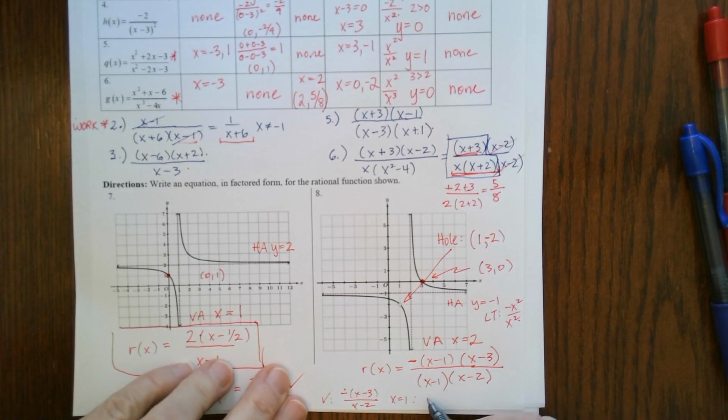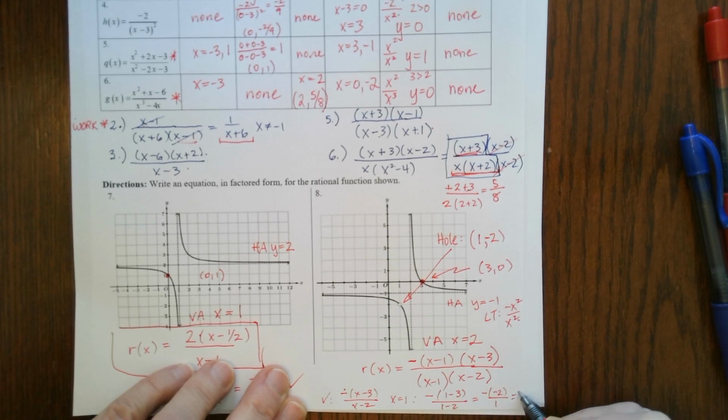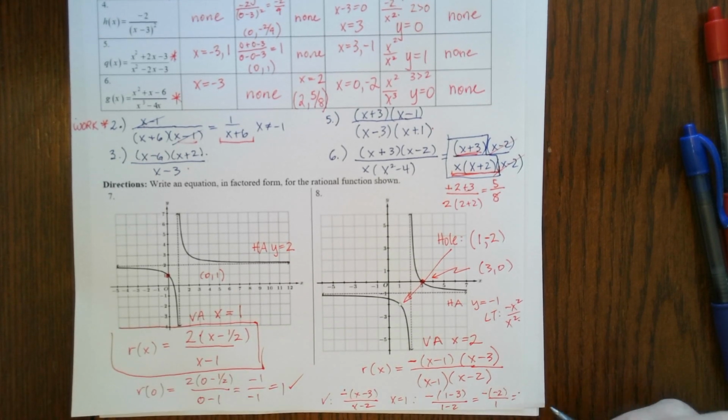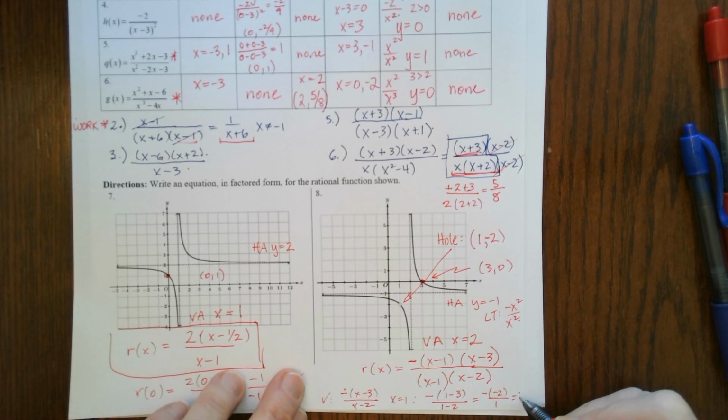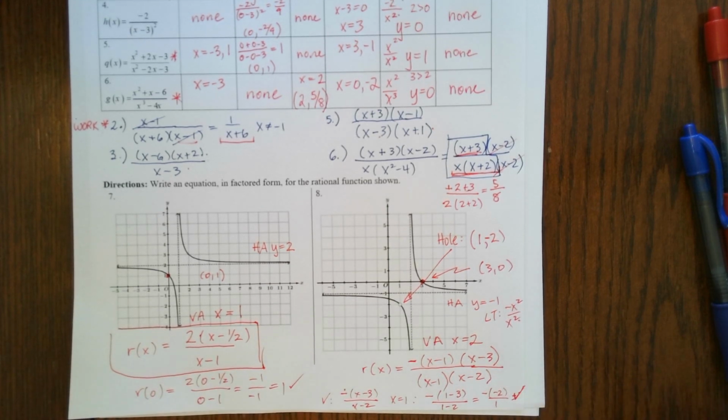We're going to have minus 1 minus 3 divided by 1 minus 2. That's going to give us minus 4 divided by minus 1... I mean minus 2 divided by 1. So yes, that does give us minus 2. So that would be our hole. Okay, that's all for right now.